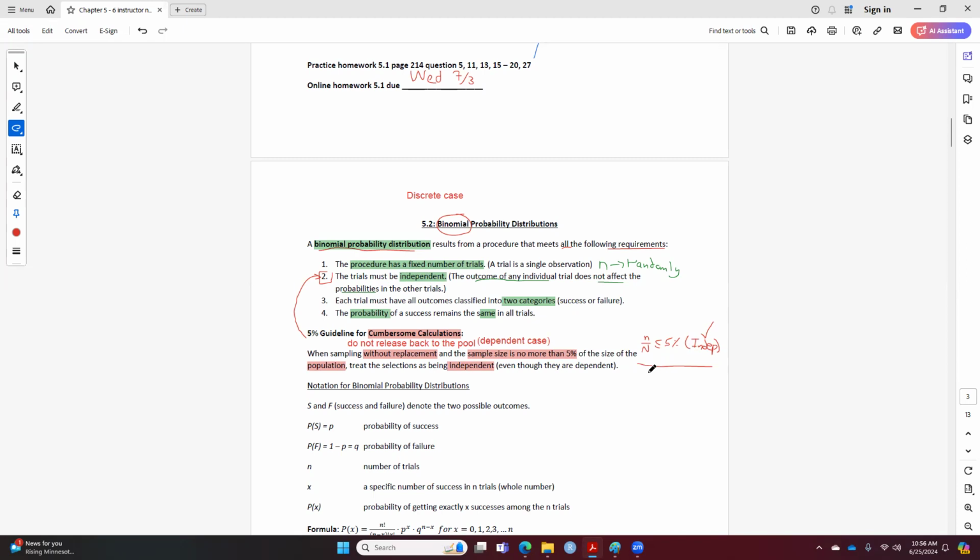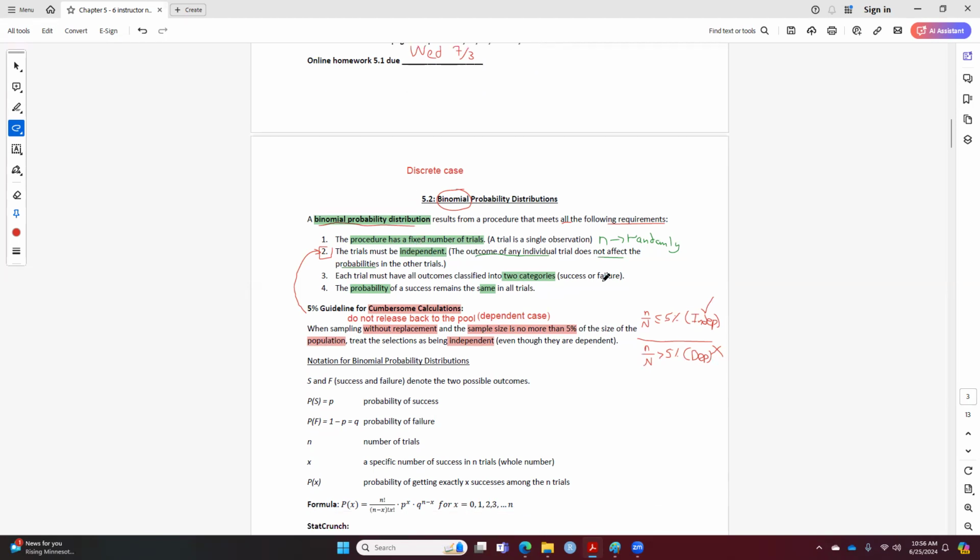However, if your n over capital N is more than 5%, then this will be back to a dependent case. And if you have a dependent case, this is no good because our binomial distribution says it needs to be independent.